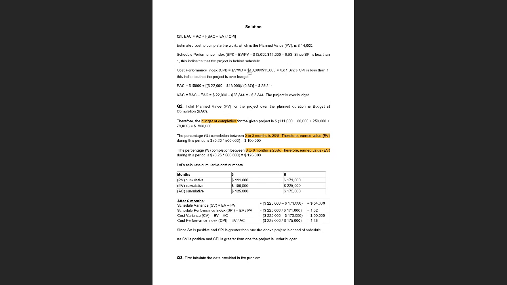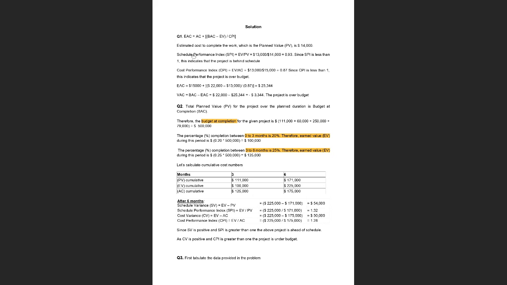Now, for any index or variance, how do you know whether it indicates that your project is performing well or badly? Indexes are ratios. If the ratio is less than 1, as you can see both of these are, that means your project performance is not good.